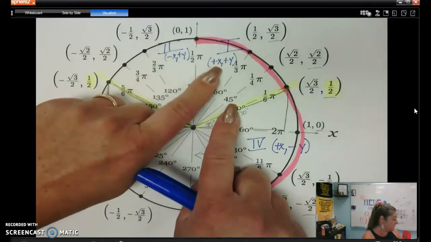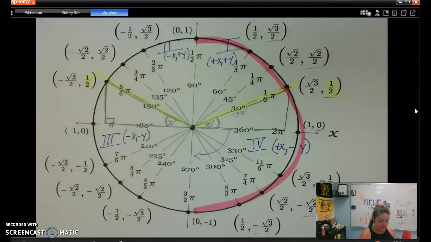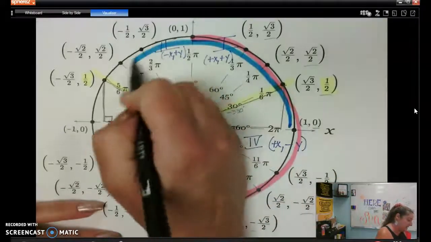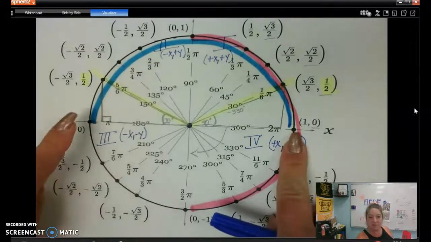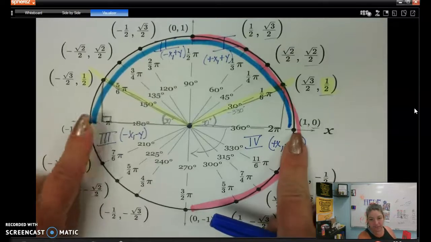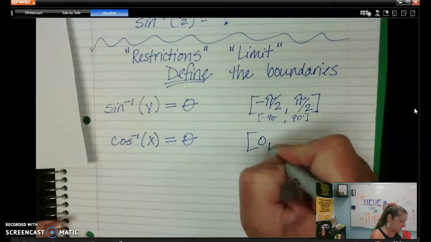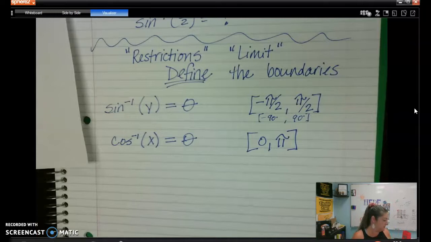In quadrant number 2, it changes to a negative, and so those are the 2 quadrants that we're going to focus on. Okay, so x is positive over here, and then it's negative over there. So the cosine is going to be defined from 0 to 180 degrees, or from 0 to pi. So from 0 to pi, that's when it's defined.